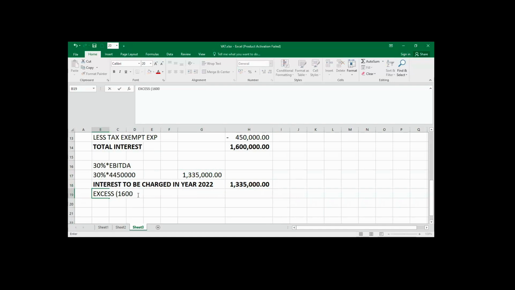The excess amount will be 1.6 million minus 1,335,000, which will give us an excess amount of 265,000 naira.